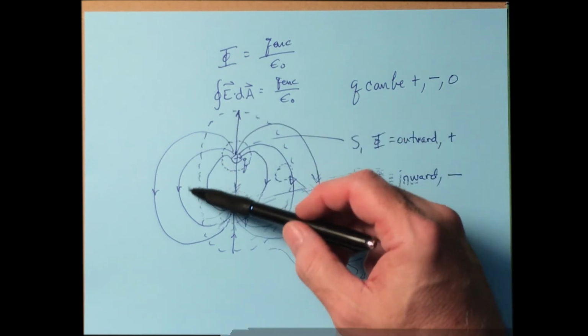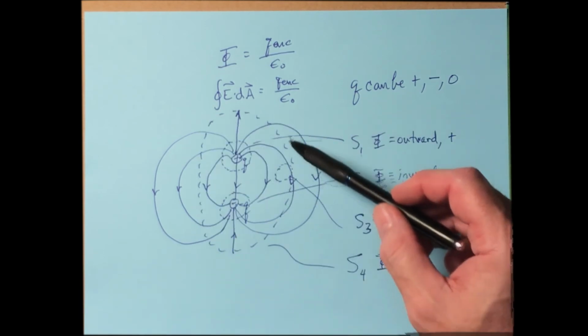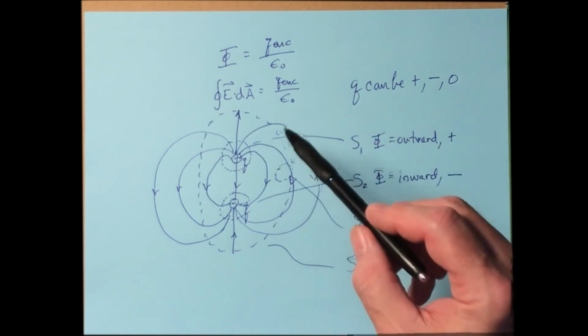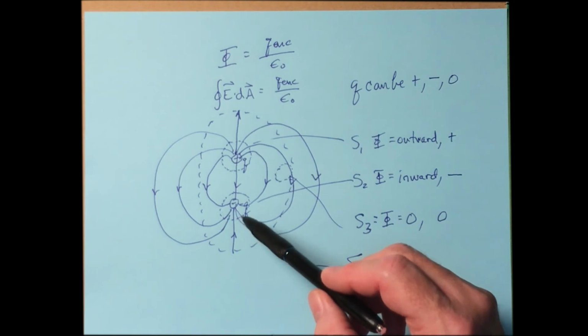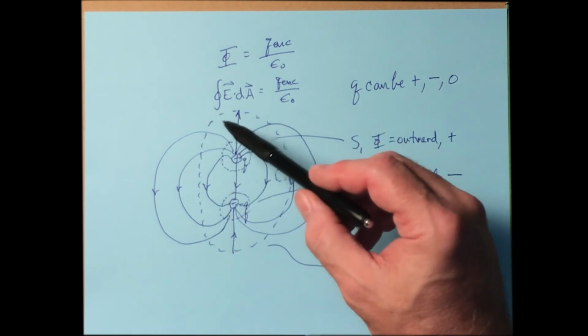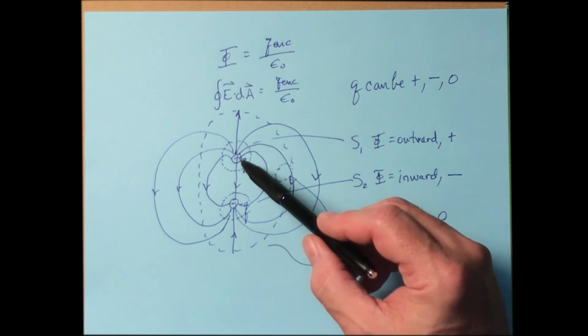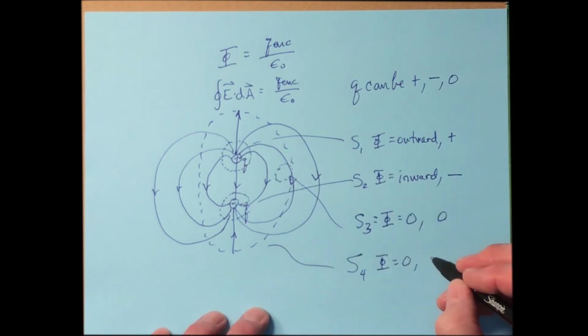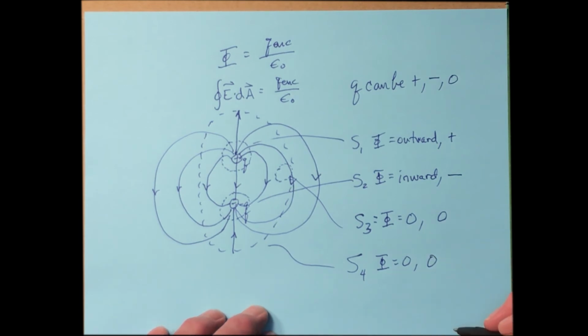All right. What's the net enclosed charge then? Well, you have to sum up the total charge that's inside the Gaussian surface. Now, it doesn't matter where that charge is inside the surface. All that matters is what is the net total charge inside the surface. And you see there's plus Q, minus Q. So the net enclosed charge is 0.